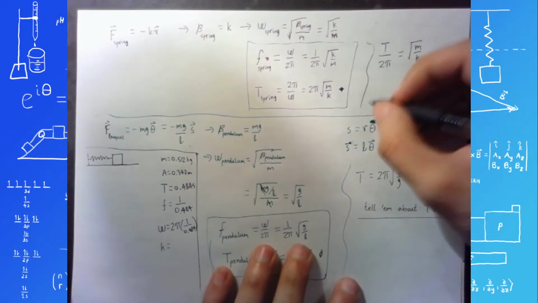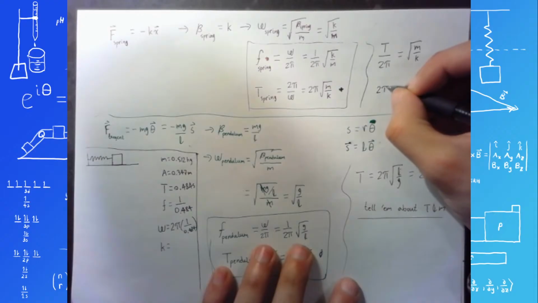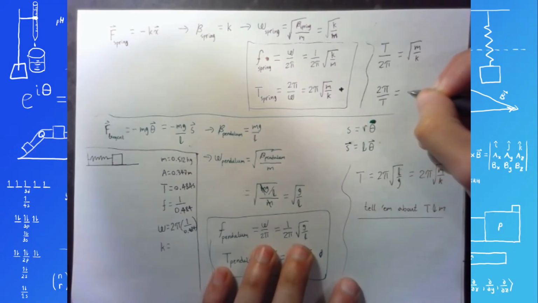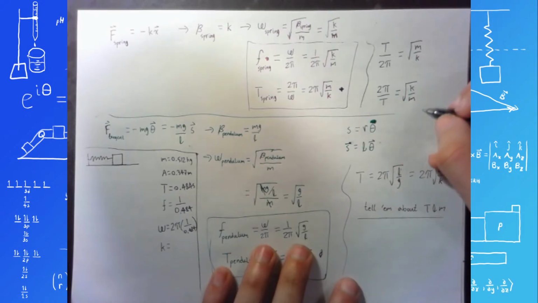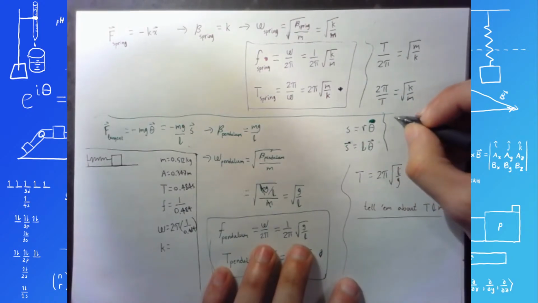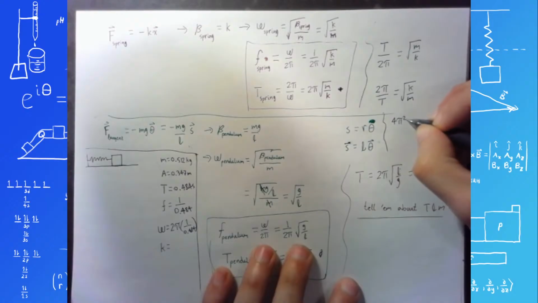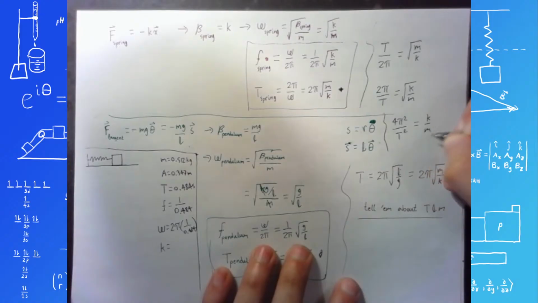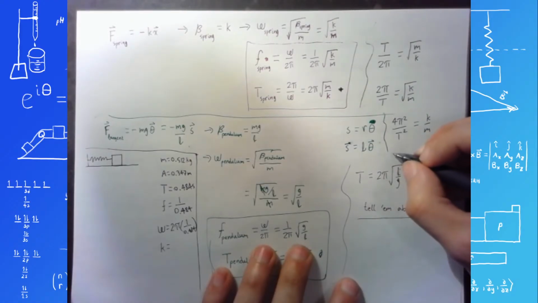Since we're solving for k, I might as well just flip it. 2 pi over t equals square root k over m. Square both sides, I get 4 pi squared over t squared equals k over m. Multiply the m over, and k equals 4 pi squared m over t squared.